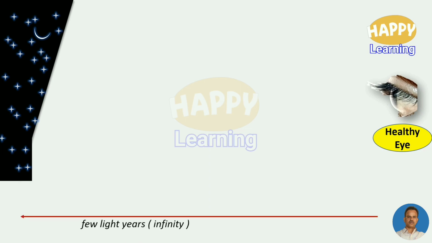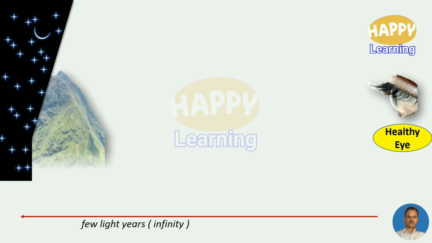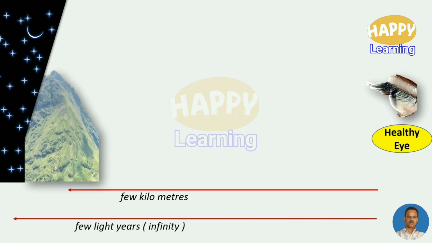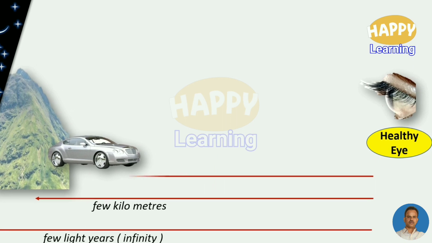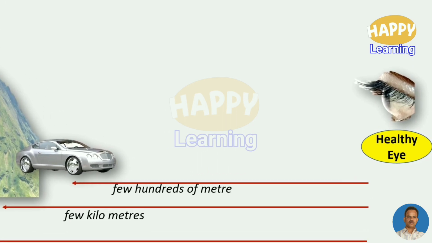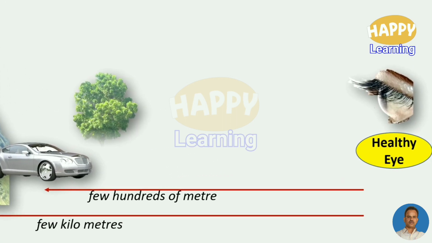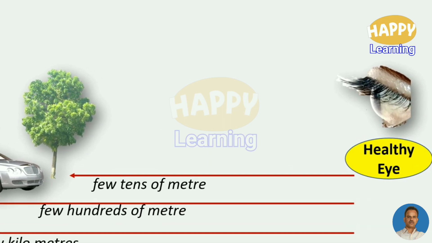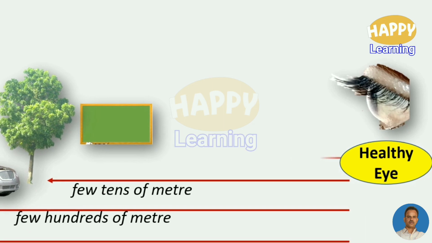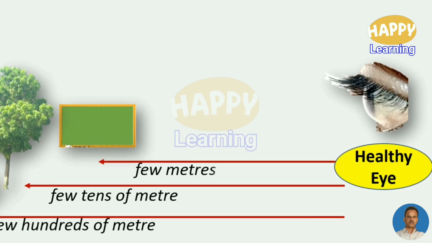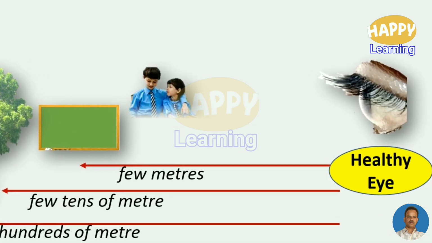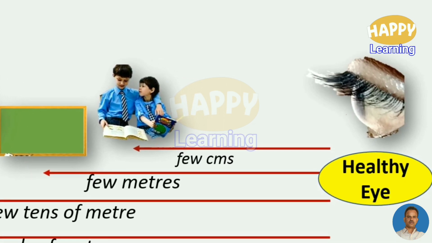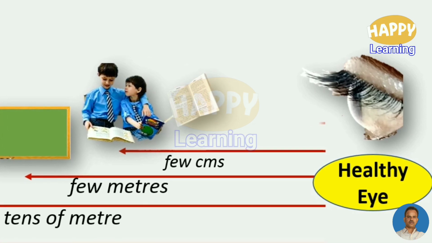It is able to see various objects lying at various distances: the stars at a distance of infinity, the mountains at a few kilometers, a vehicle passing by which may be at a few hundred meters, a tree which may be at a few tens of meters, the blackboard which is at a few meters, persons sitting at 1 or 2 meters, a book in his hand which is exactly at 25 centimeters.